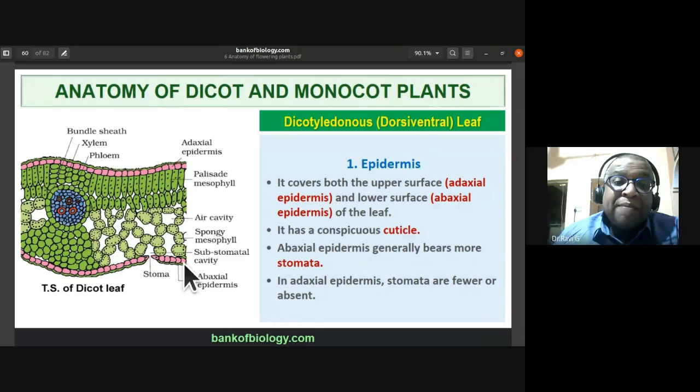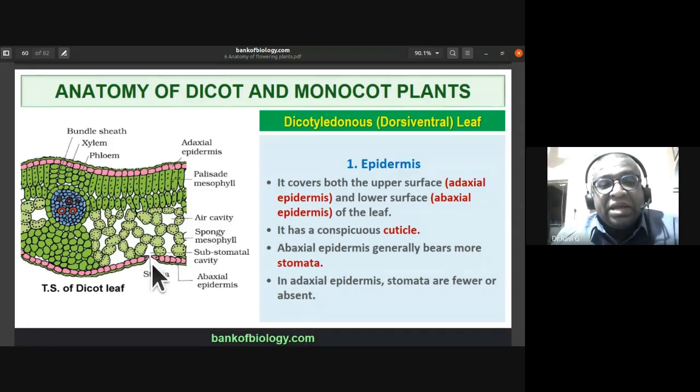They have a very thick conspicuous cuticle layer, conspicuous meaning something visible. The abaxial epidermis bears the stomata. In the adaxial epidermis, stomata are absent, and if present, they are very few.